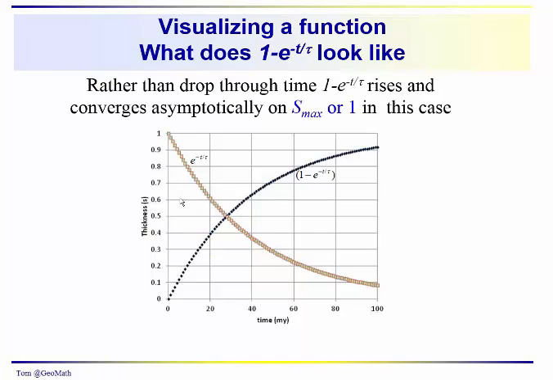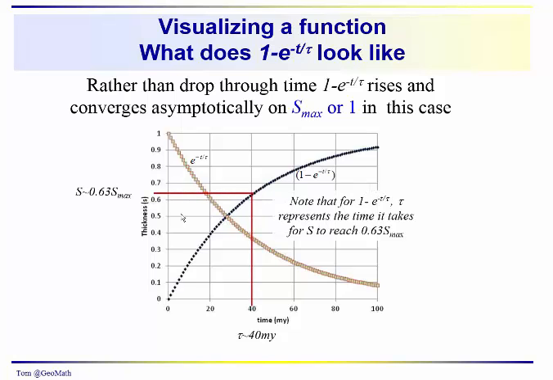Now, 1 minus e to the minus t over tau, rather than dropping through time, is going to rise asymptotically through time and converge on S max, which in this case is just 1. So this line, if we go to infinity in time here, will eventually be equal to 1.